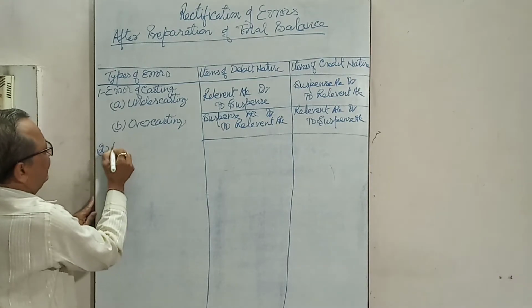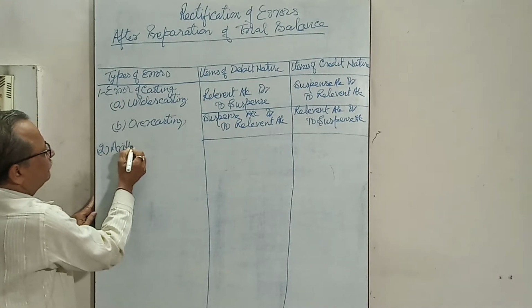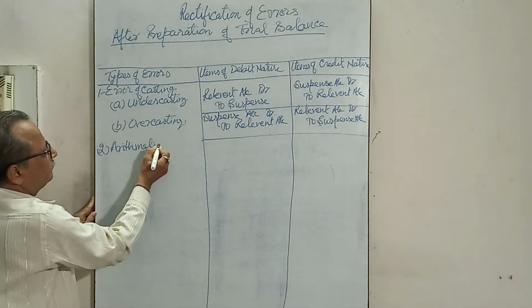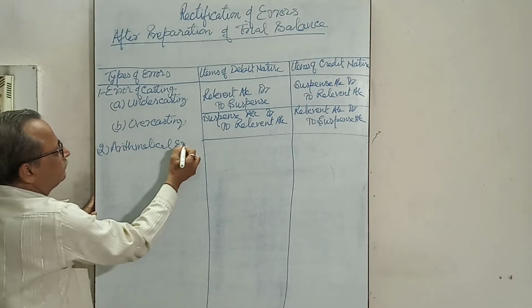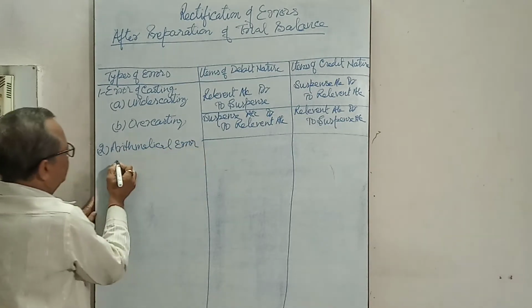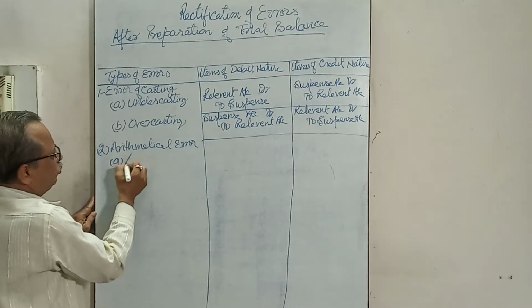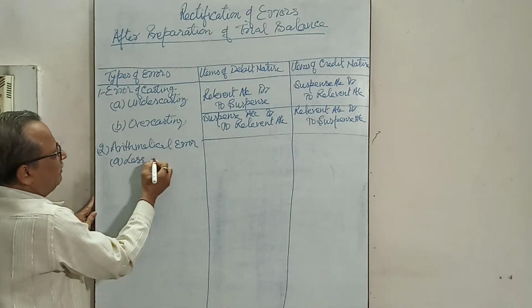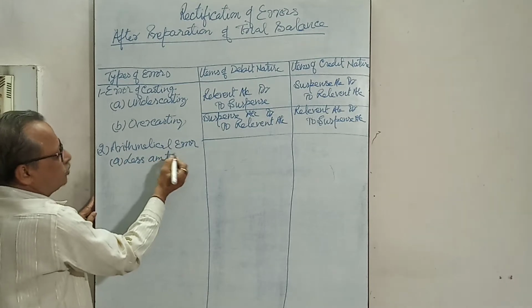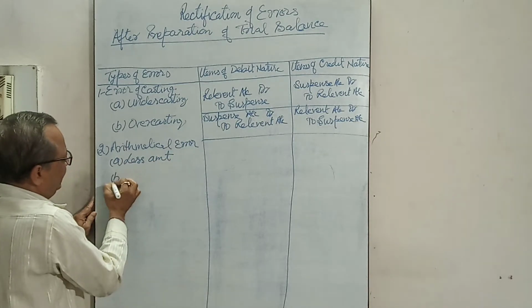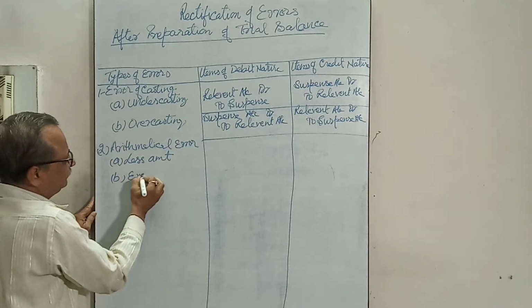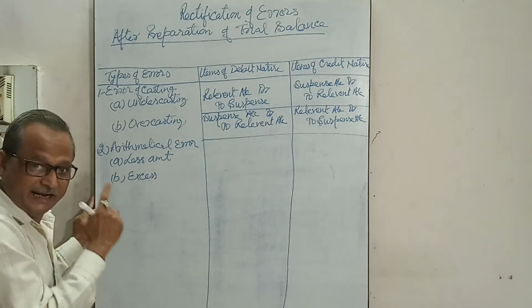Second, arithmetical error. It is A, less totaled or less amount posted. B, excess amount posted. That is in the ledger.